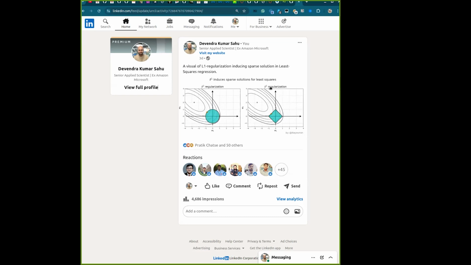But if you look at L1 regularization, you'll see that for a huge variation of this contour, the solution is actually at one of the corners here. See? So just focus on the right one for now. You'll see that this contour is moving and this solution is not changing for a huge range, right?